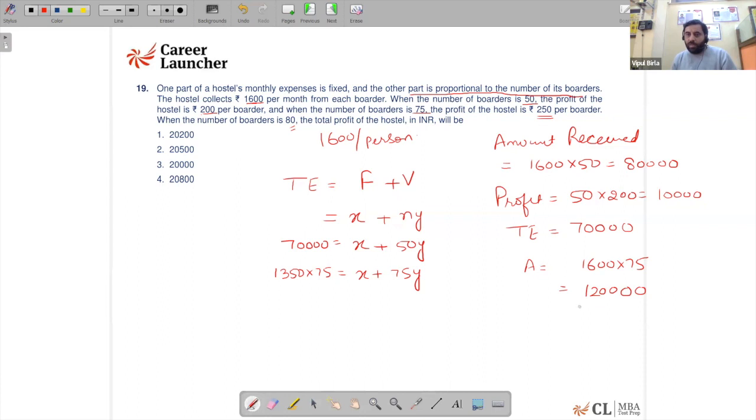And when I talk about the profit, the profit is 250 into the number of borders, 75, which comes out to be 75 into 5 is 375. That means 37 carry, 75 into 2 is 150, 150 plus 37.